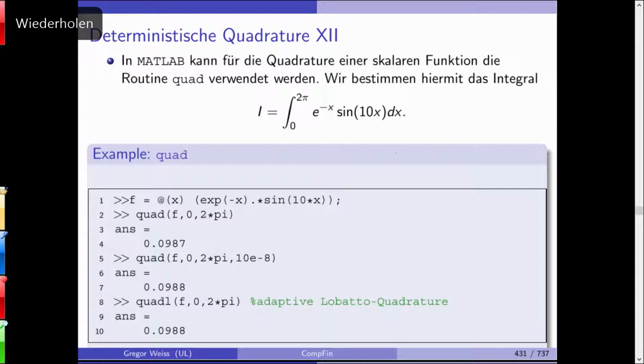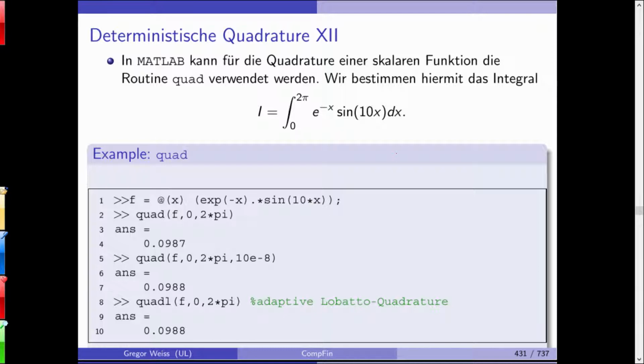Okay. Now, MATLAB can do this as well. You don't need to program this by yourself, but you will see here that, for example, there's a function quad for quadrature that does it for you.